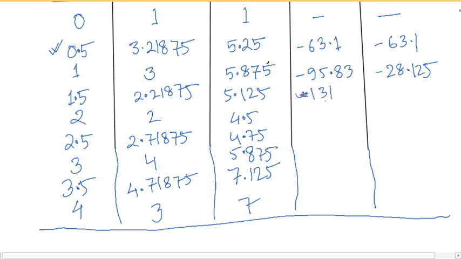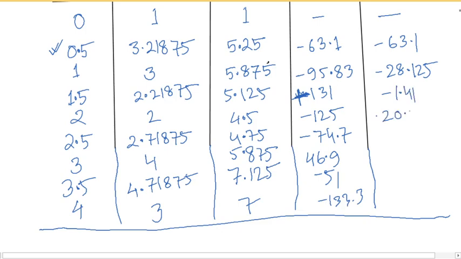It will be 131%. And this will be 125, 74.5, 7, 46.9, it might be minus 51, minus 133.3, and the local error will be minus 1.41, 20.5, 17.3, 4 minus 11.3, minus 53.